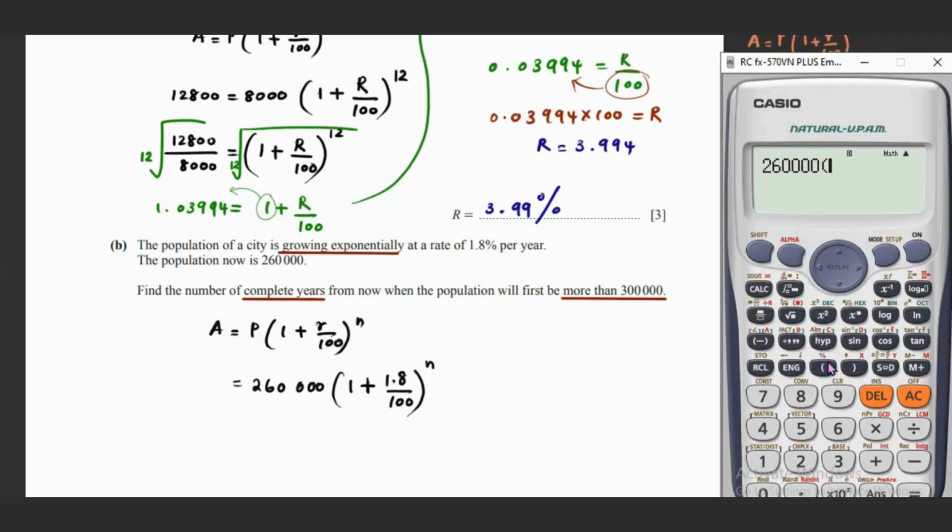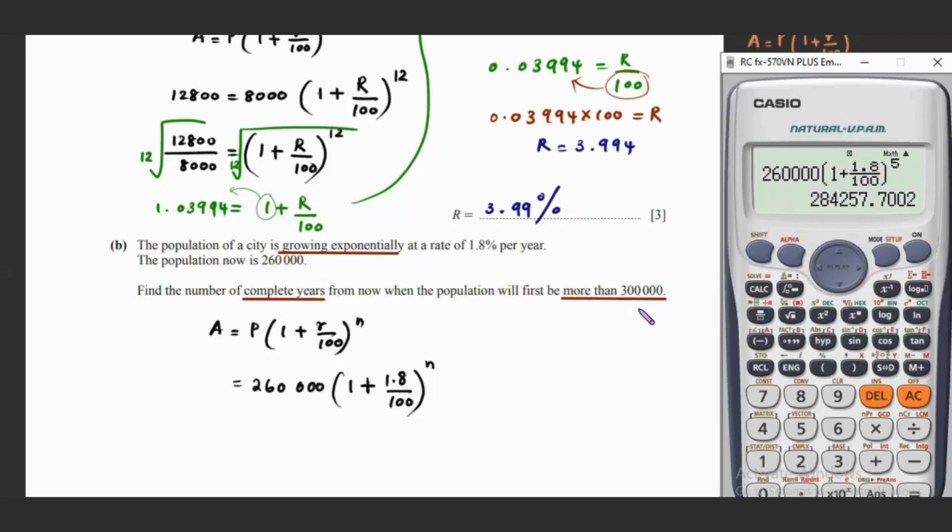So now I'm going to put this in the calculator. I'm going to consider some random values for N, and we will see what we can do. So it's going to be 1.8 over 100, I need to close the brackets, and I need to put the power N. So let's say I'm going to put the value of n as a 5. When I put the value of n as a 5, I get around 284,000.